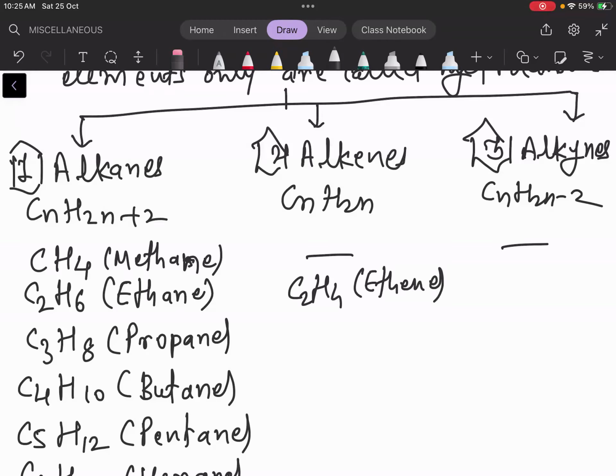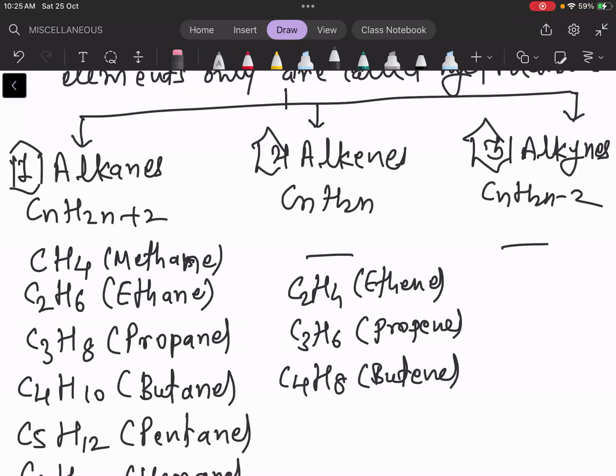Then C3H6, nothing but propene. When n is equal to 4, what will you get? C4H8, nothing but butene. N is equal to 5, C5H10, nothing but pentene.